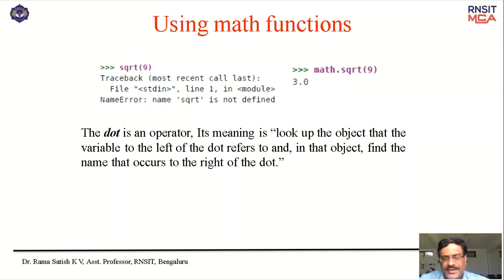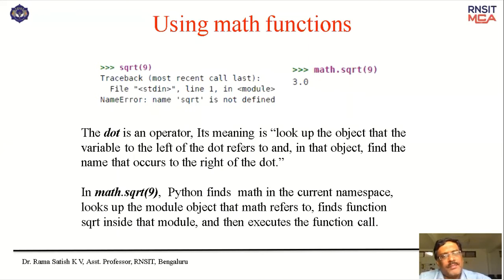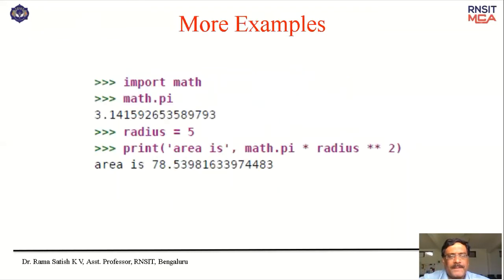It will refer in the math namespace, and it is available there. So with math.sqrt, Python finds math in the current namespace, looks up the module object that math refers to, finds the function inside the math module, that is sqrt, executes the function call and returns the result back.